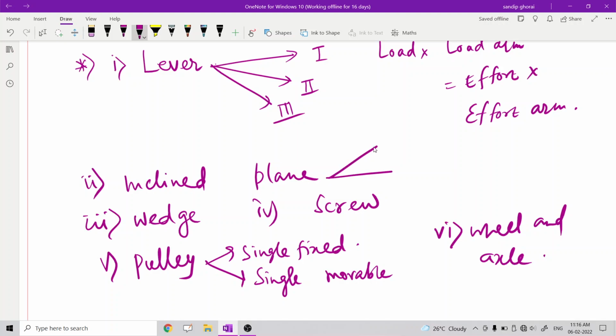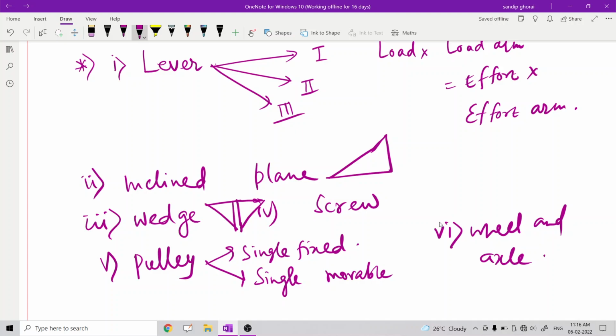So this is the simple block diagram of an inclined plane, whereas this is the simple block diagram of a wedge. A screw is a cylindrical rod marked with a winding spiral edge, called a thread.